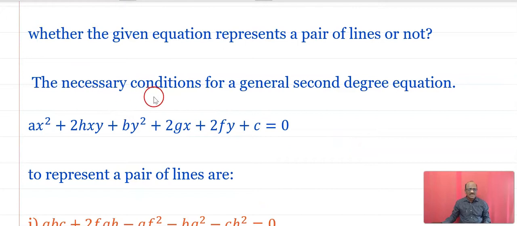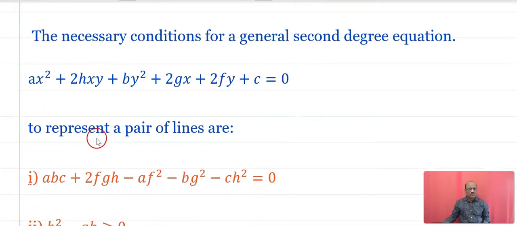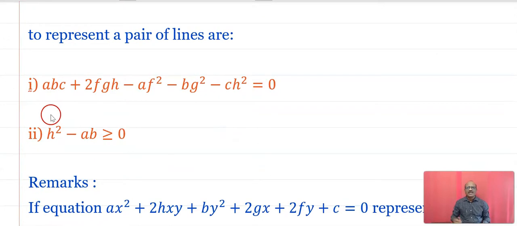The necessary conditions for the general second degree equation ax square plus 2hxy plus by square plus 2gx plus 2fy plus c is equal to 0 to represent a pair of lines are: first, abc plus 2fgh minus af square minus bg square minus ch square is equal to 0.